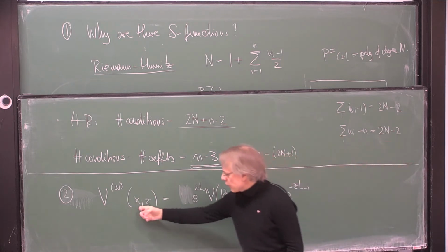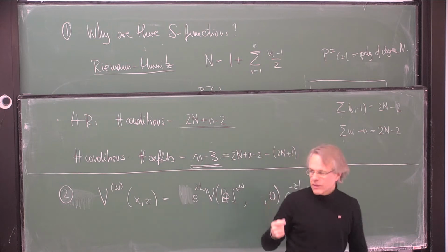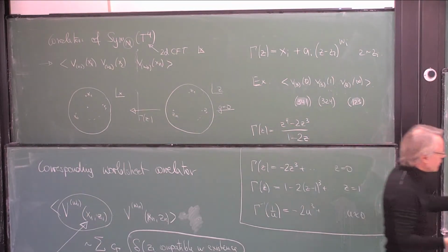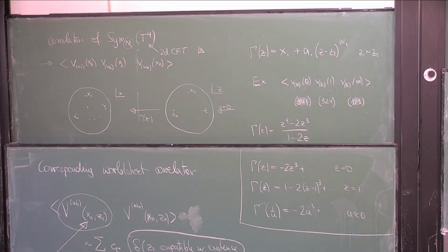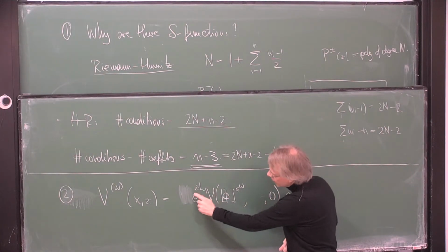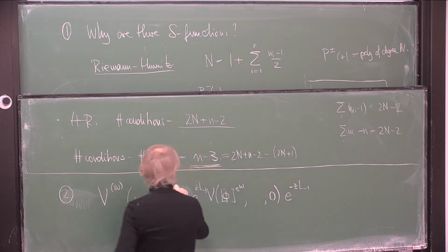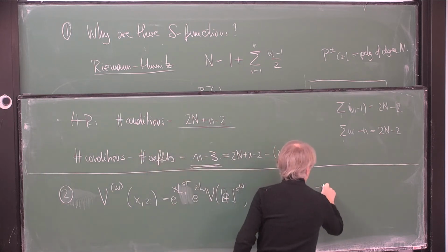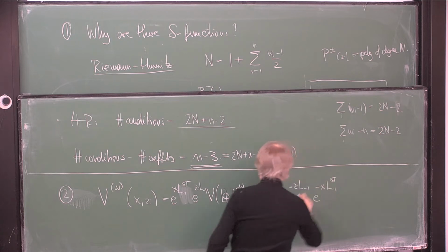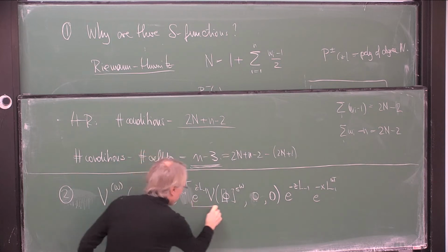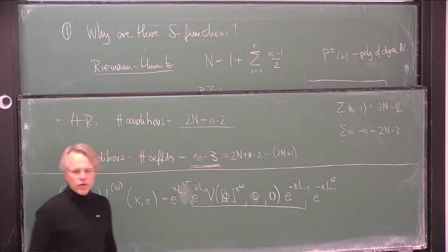Now we want our vertex operator to also depend on x. And remember, x is the coordinate in the dual 2D CFT. Because it's also a 2D CFT, we know how this should depend on x. Namely, it must depend on e to the x L minus 1 spacetime, e to the minus x L minus 1 spacetime, because it's a conformal field theory. That's the way the conformal field theory depends on the insertion coordinate.